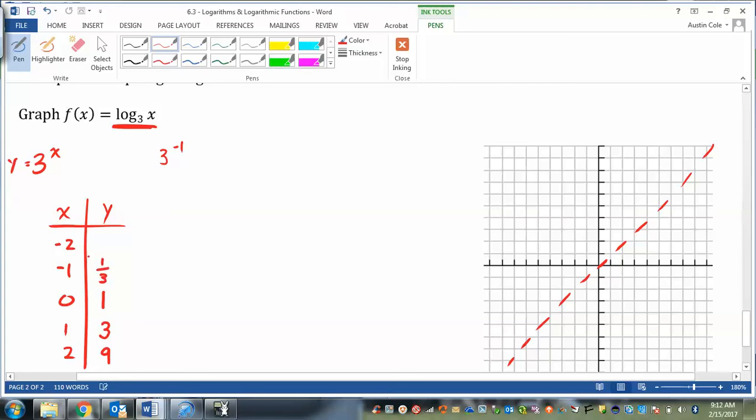We don't like negative exponents. We're going to flip it, take it to the bottom. It's 1/3. 3 to the negative second power is, well, 3 to the negative second. I don't like it. Better take it to the bottom. 1/3 squared. What's 3 squared? 3 squared is 9, so 1/9.